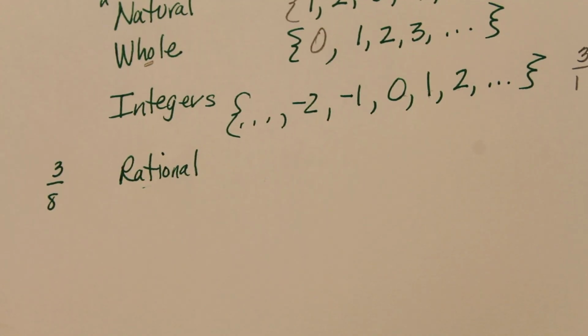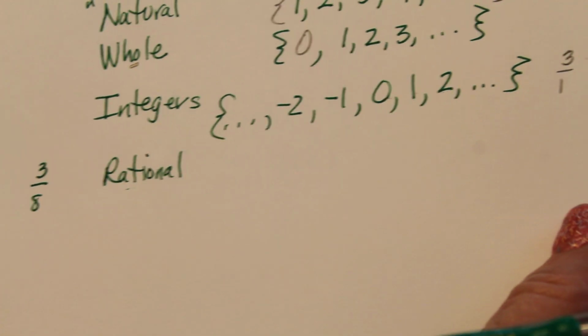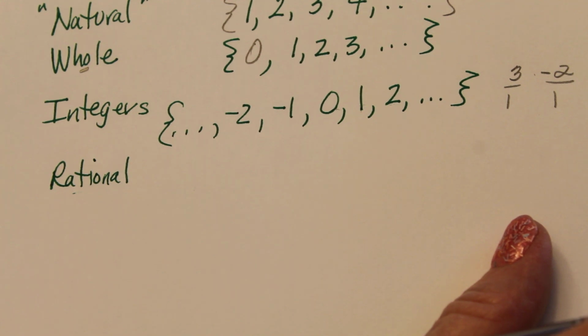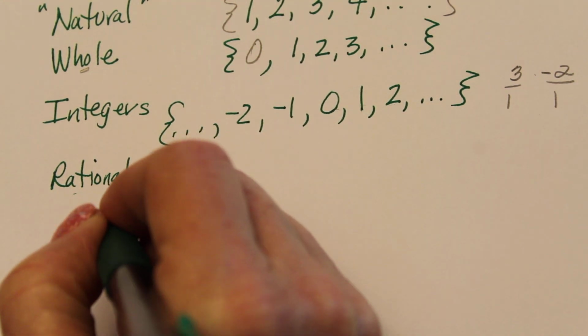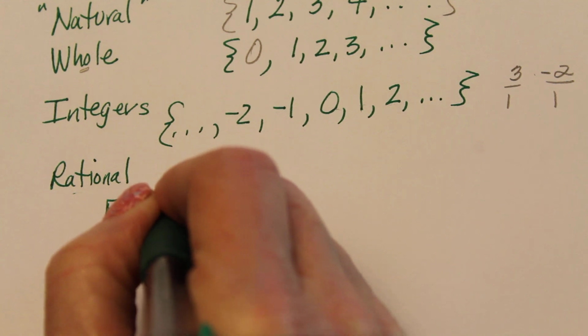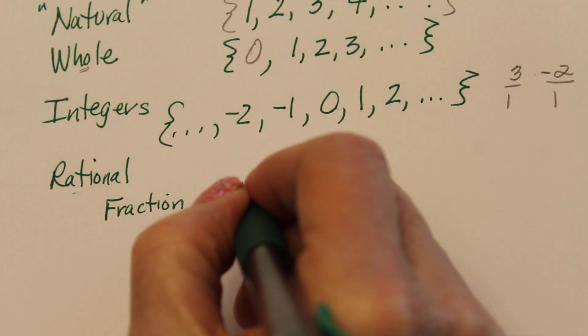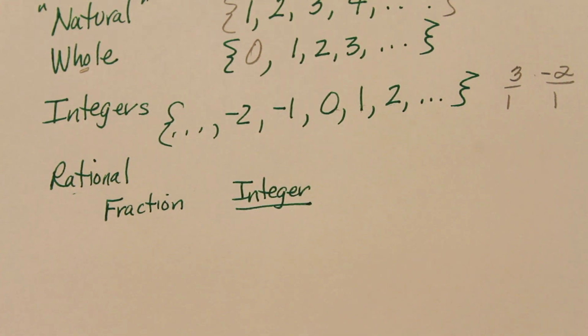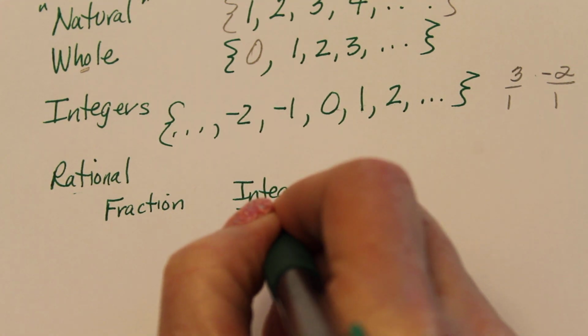Okay, you're rationing out parts of a whole. Rational numbers, if they are written as fractions, have an integer in the numerator.